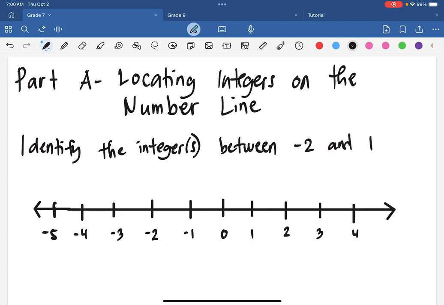Based here, we know that this part is negative 2 and this is 1. That means the numbers between them are negative 1 and 0. So this is what we are looking for. And that ends part A of today's lesson.